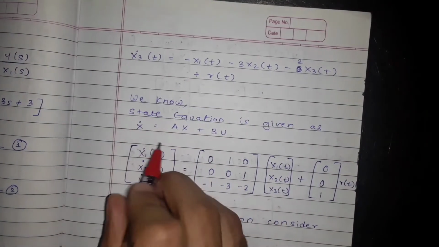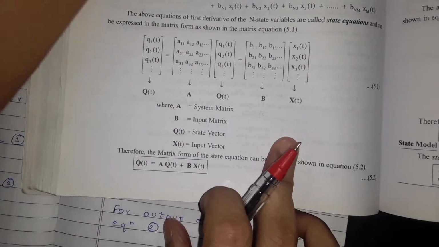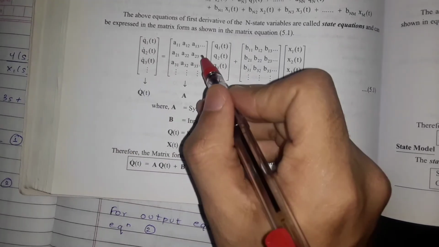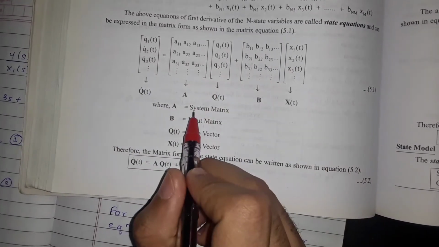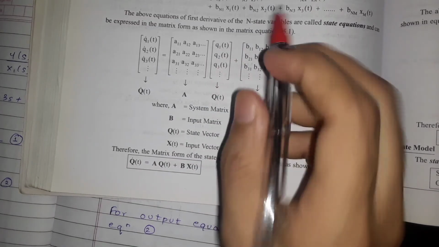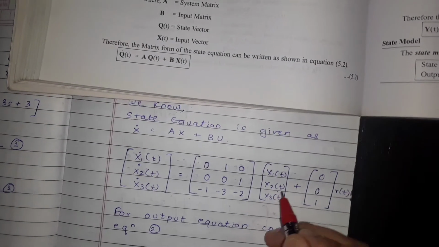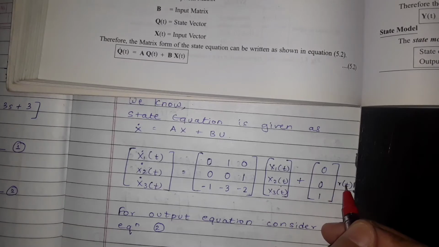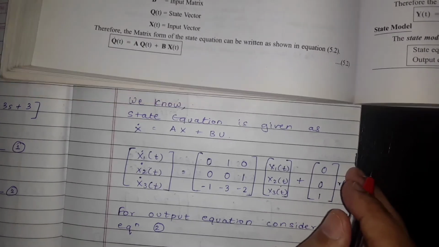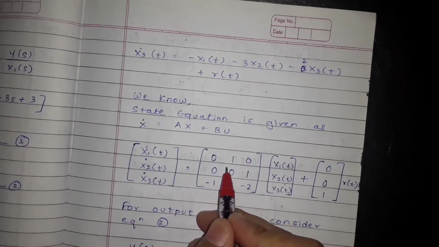So we know the state equation is given as this. From here we can learn that these are the state variables, the matrix here is the system matrix, these are the input matrix, this one is the state vector, and this one is the input vector. So from our variables, let's fill this up.